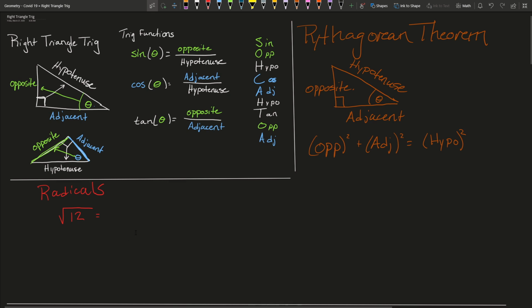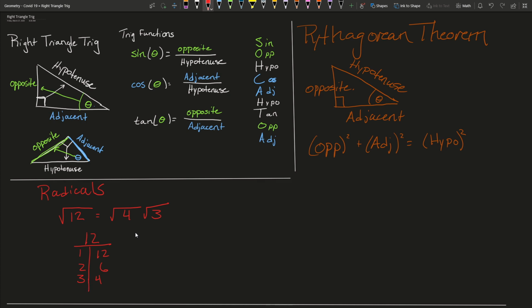So we can rewrite the square root of 12 as the square root of 4 times the square root of 3. What I normally do is make a factor tree. Factors of 12: there's 1 and 12, 2 and 6, and 3 and 4. And obviously we can switch those around.